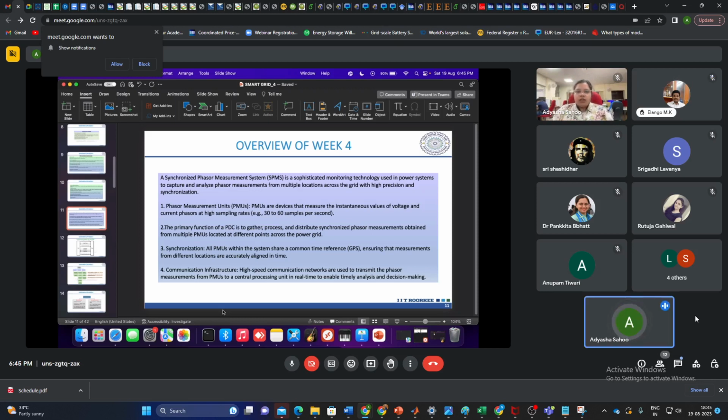So, and then we have PDCs, phasor data concentrators, and then synchronization. Obviously, we talked about it in the previous week and this week also, that we have a common global positioning clock which acts as a reference for all the PMUs in the system, and accordingly we are timestamping the data from the PMUs. And then obviously we need communication infrastructure for all.